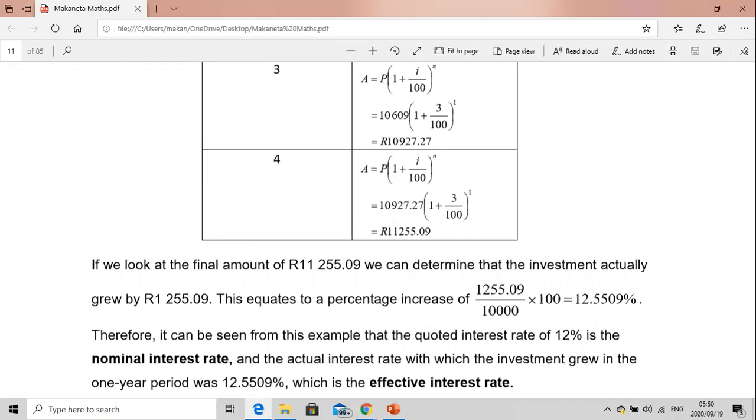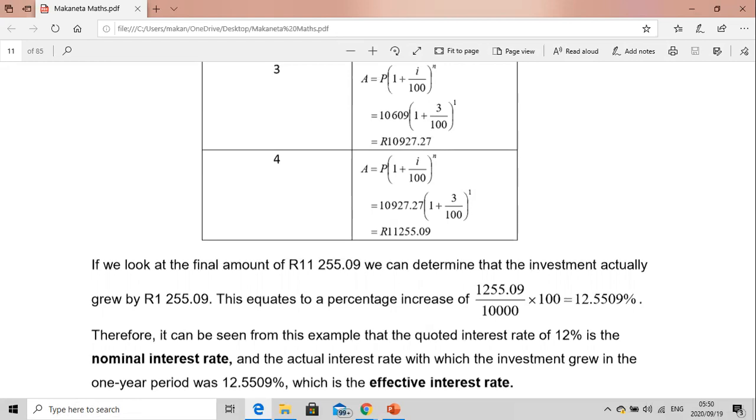We have simply divided by 100 here to show you that 3% simply means 3 out of 100. At this point, the final amount is 11,255 rands and 9 cents.